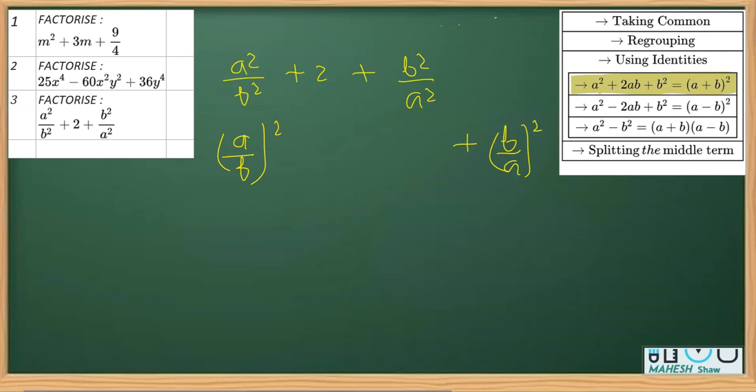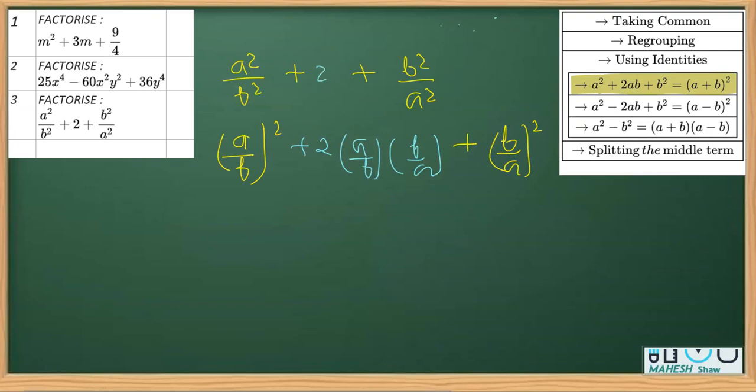Now once we have a square and b square, we'll write plus 2 times a, which is a by b, times b, which is b by a. We should see here that on solving this, we will get 2 only, the middle term.